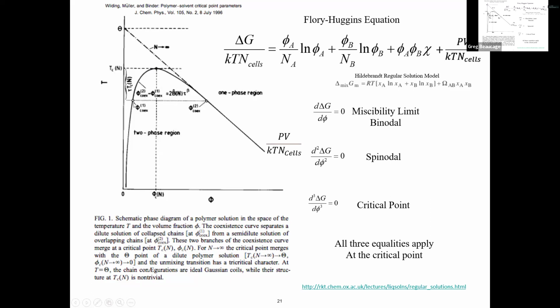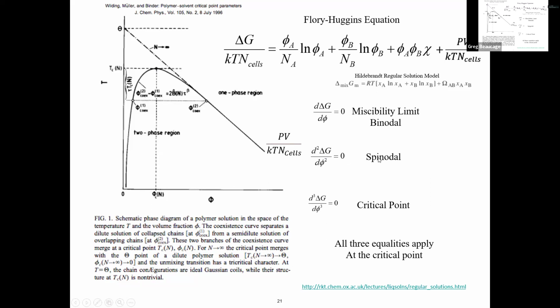So that's kind of the picture of this equation: if one of NA and NB is 1, it skews it over, and you have a critical temperature. Then you can write equations by taking derivatives. First derivative is 0, that's a binodal, this black line.